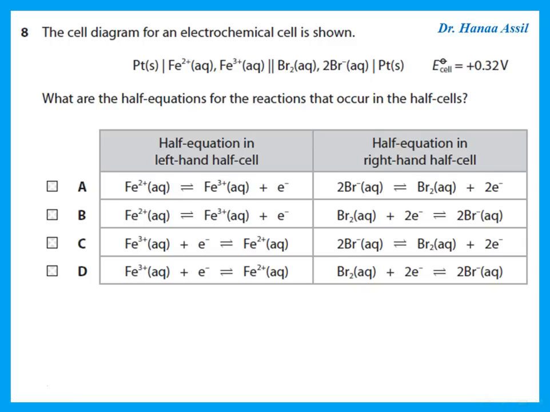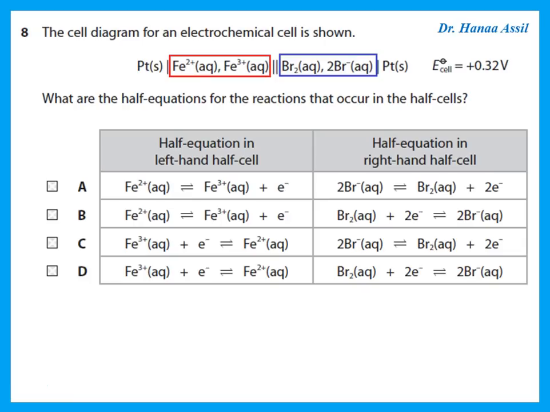The cell diagram for an electrochemical cell is shown. You know how to write a cell diagram? So this represents what? It represents the fact that I have a platinum electrode, and it is in a solution of iron 2 plus in equilibrium with iron 3 plus. So I have iron 2 plus going to iron 3 plus.